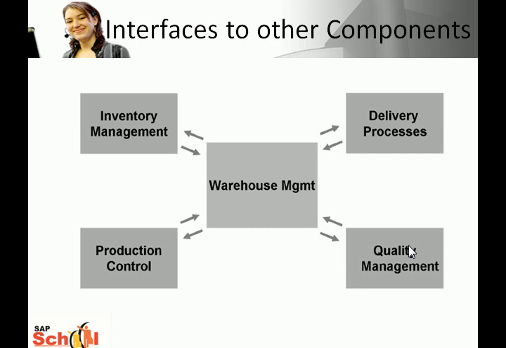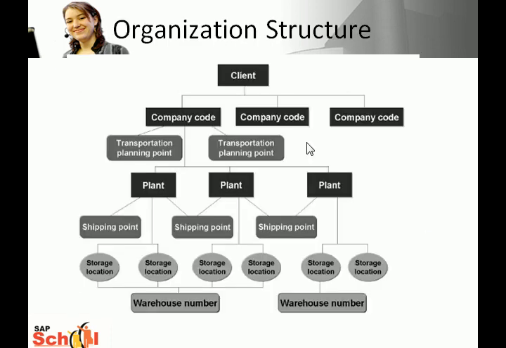Finally, if you also use quality management in your implementation, you can configure the interface to warehouse management to control how goods are dealt with in the warehouse if they have to undergo a quality inspection.